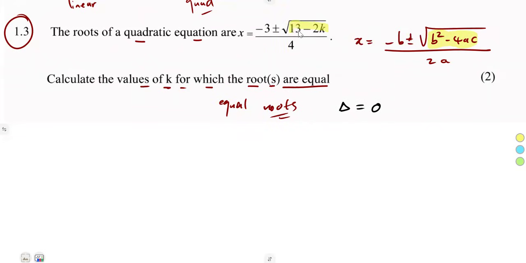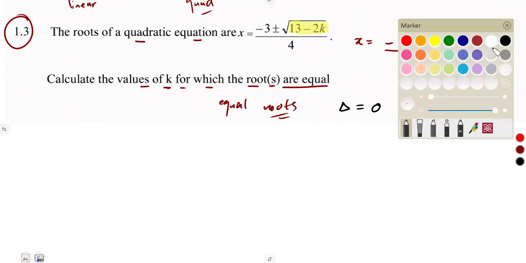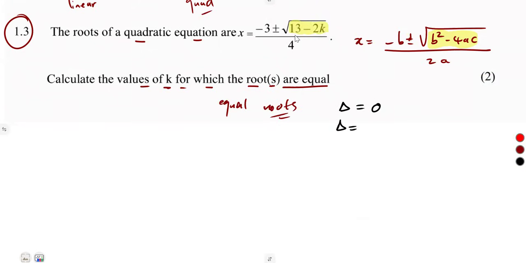So here, what is under the square root is our delta. So our delta in this case is 13 minus 2k. What is under the square root? b squared minus 4ac. And we are saying it must be equal to 0. So you have to solve an equation. 13 minus 2k is equal to 0. Solve for k.